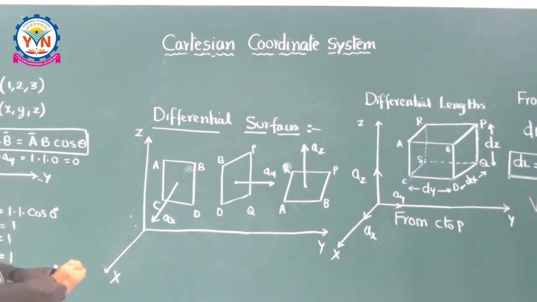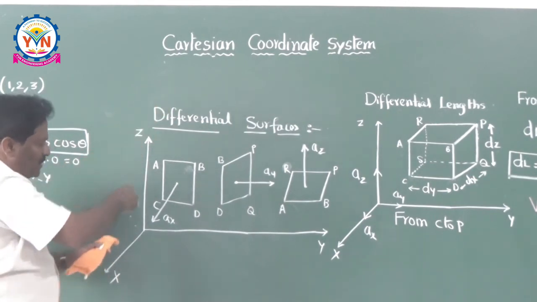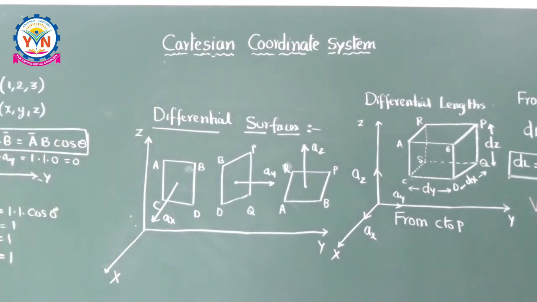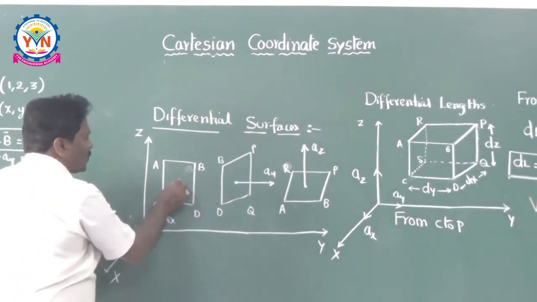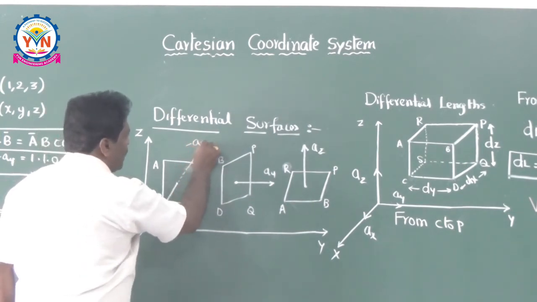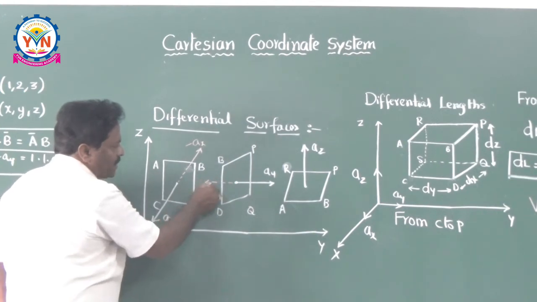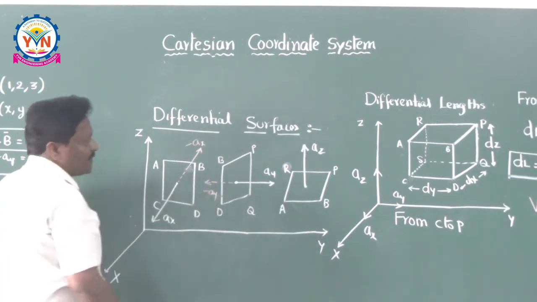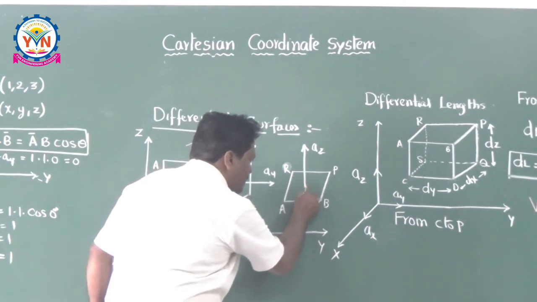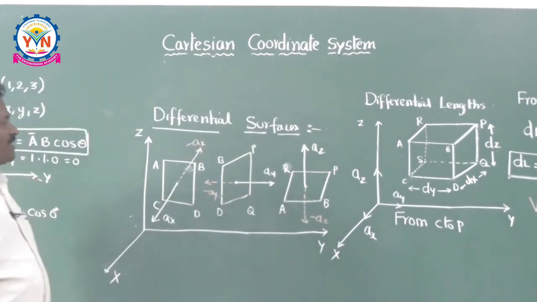I hope you understood. This surface is in x direction, so the opposite direction is minus AX. If you are going in the opposite direction, it should be minus. Extending in the opposite direction here gives minus AY, and in this direction it is minus AZ. So you have 6 surfaces.